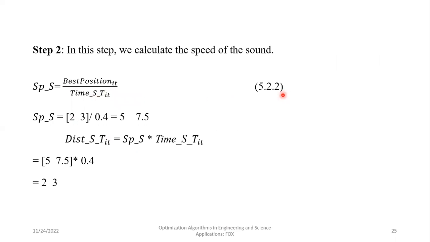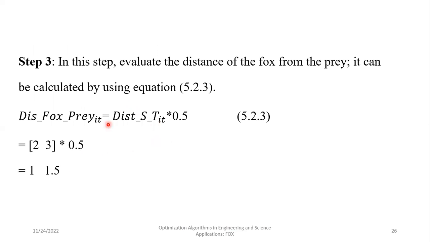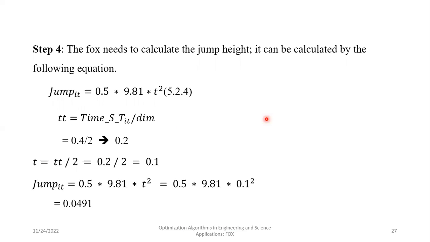Again, equation 2 was used. We found speed sound travel, and then we find distance sound travel using this equation. Then we find the distance between the second fox and the object, the prey. We use equation 3.